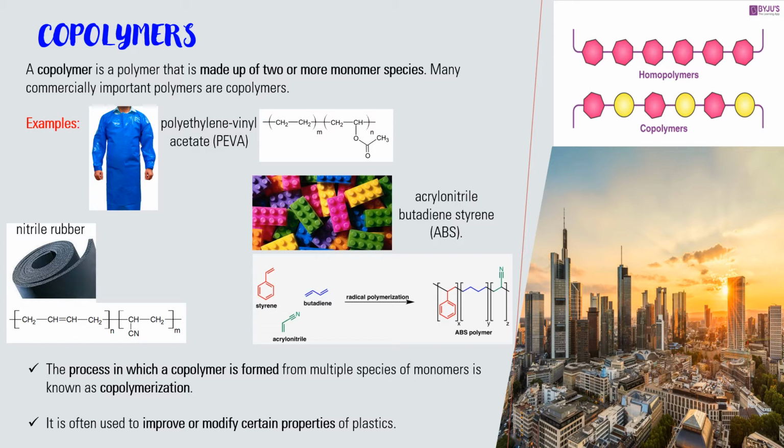Copolymers are used in a wide variety of products, such as polyethylene vinyl acetate or PEVA, ABS (acrylonitrile butadiene styrene), and also nitrile rubber. The process in which a copolymer is formed from multiple species of monomer is known as copolymerization. It is often used to improve or modify certain properties of plastic.